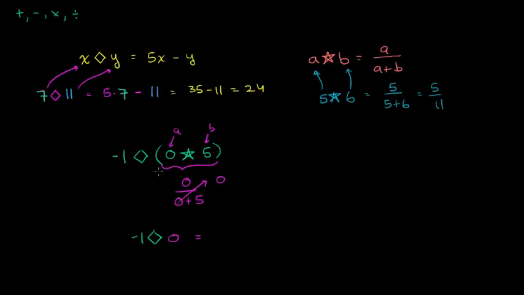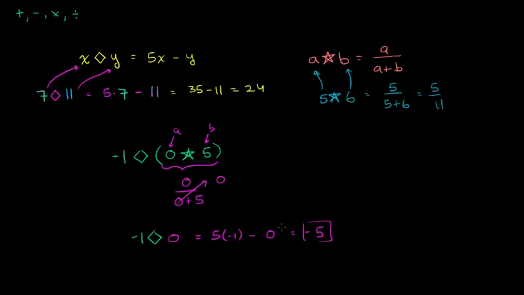And now we go to the definition of the diamond operator. Well, that's 5 times the first term that we're giving the operator. So it'll be 5 times negative 1. X is negative 1 minus y. Well, y here is the 0. Minus 0. So 5 times negative 1 is negative 5.